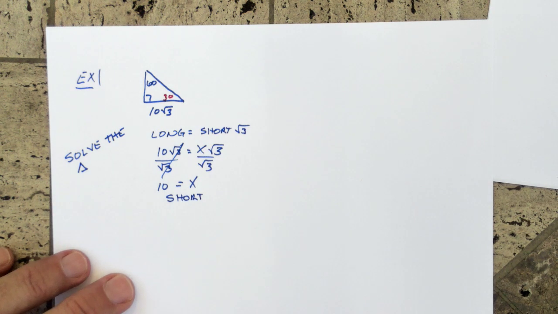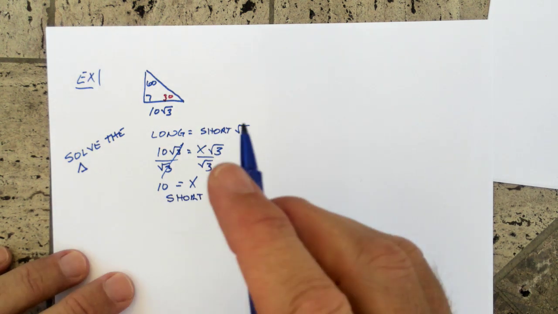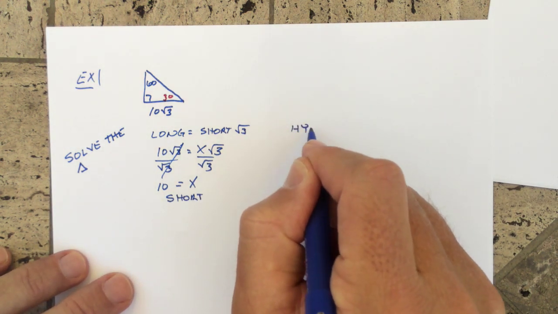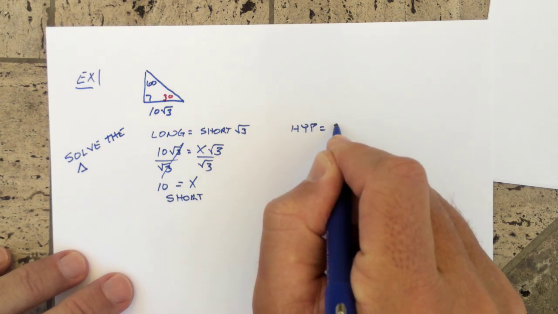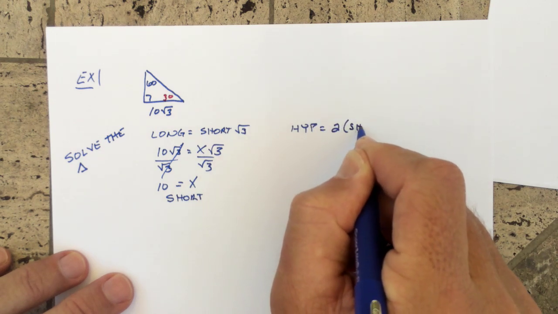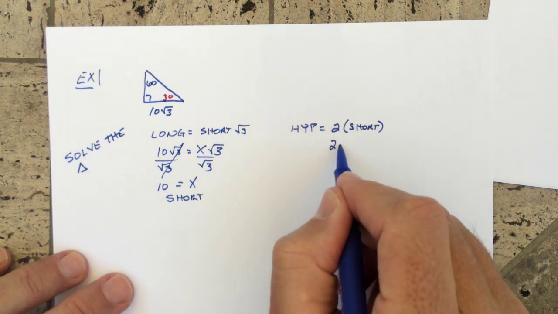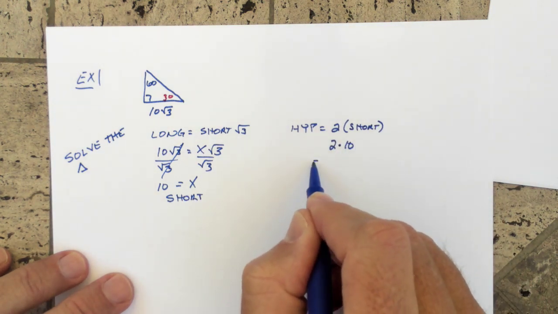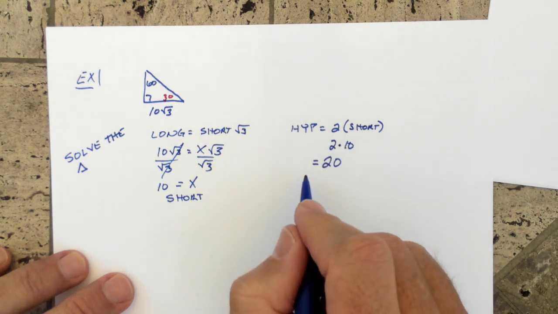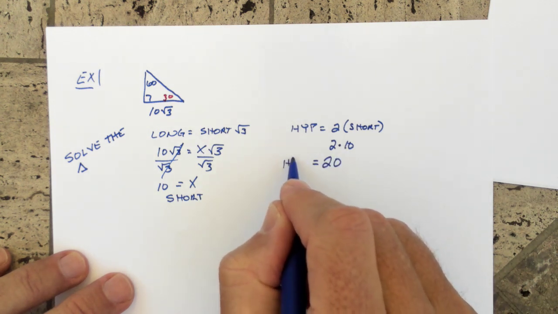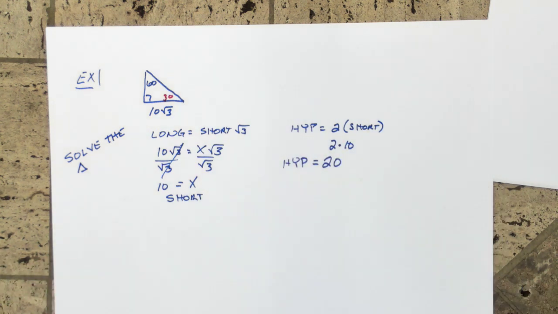Well, if you know the short leg, how do you find the hypotenuse? Multiply by 2. We got 10.